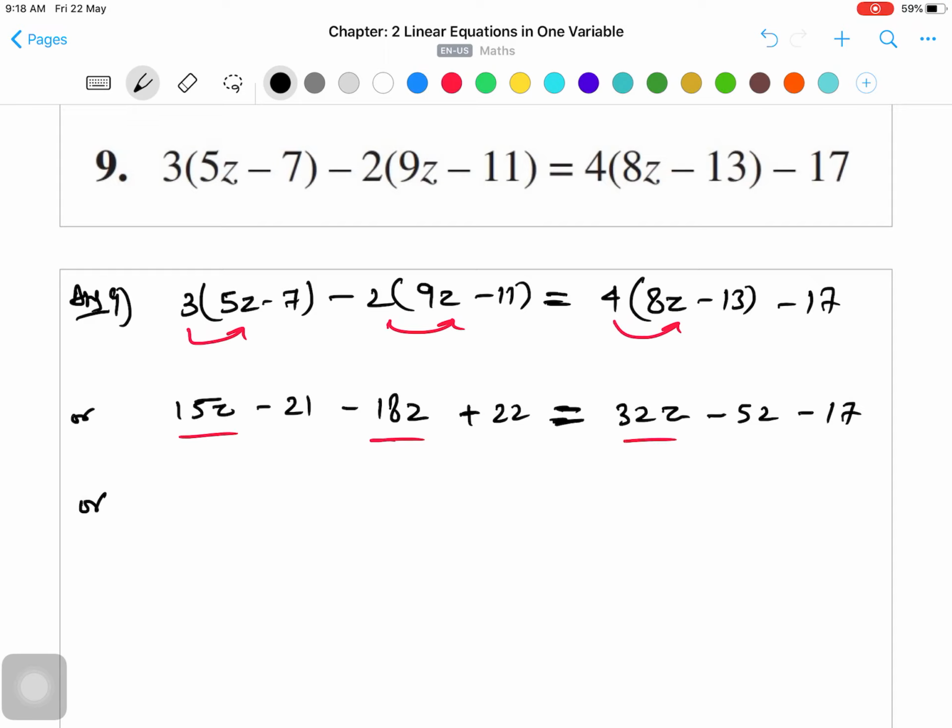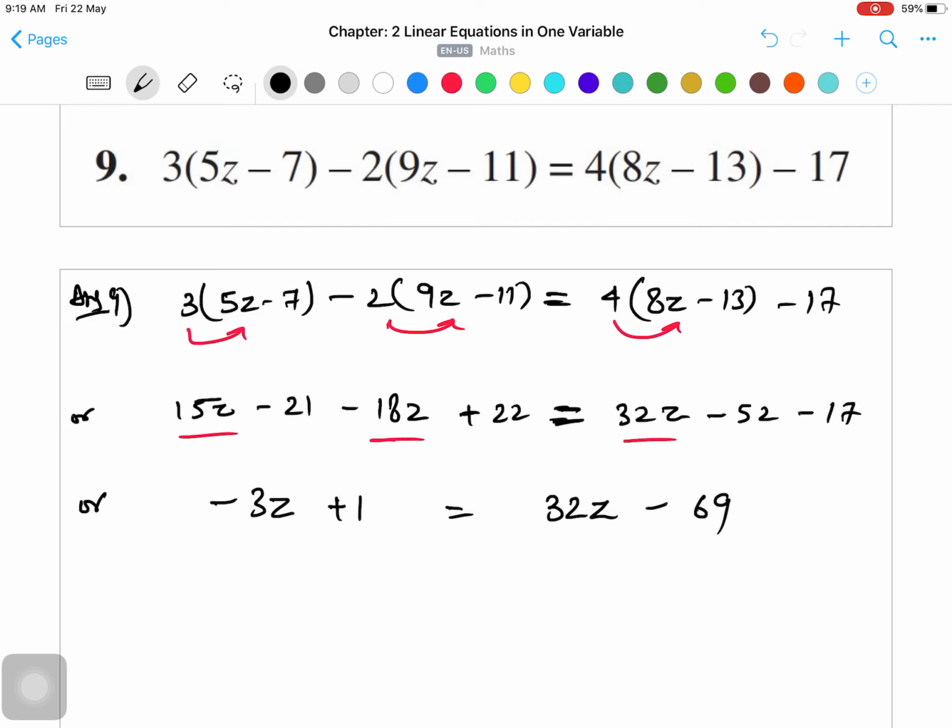So plus 15z and minus 18z will result in minus 3z, and minus 21 and plus 22 will result in plus 1. On this side we have 32z, and minus 52 and minus 17 will be minus 69.